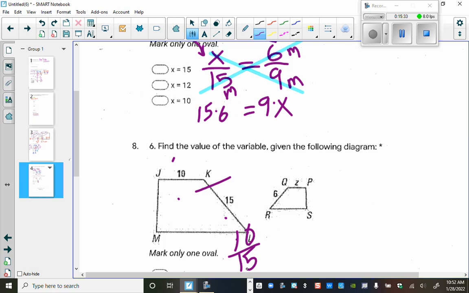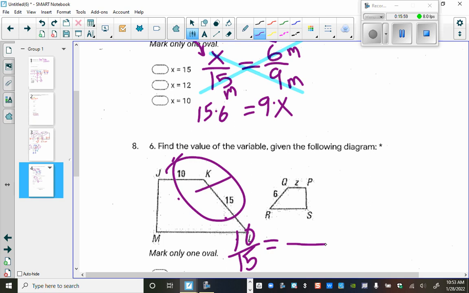But here, the other side, you have to make sure you get the correct side to match. Now, obviously, the 6, that's going to match with which side, the 10 or the 15? Let's look at the 15. You know how the 15 is that slanted side?